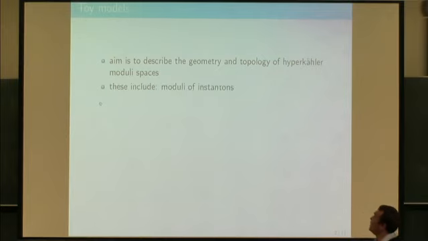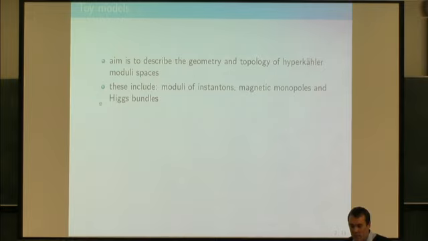Let me just first say that there are three major classes of examples which all arise from mathematical physics. The first, perhaps, which was studied is the moduli space of instantons on R4 or on ALE spaces, then magnetic monopoles on R3, and finally Higgs bundle equations on a Riemann surface in 2 dimensions.